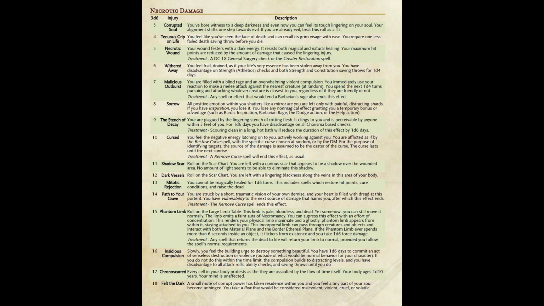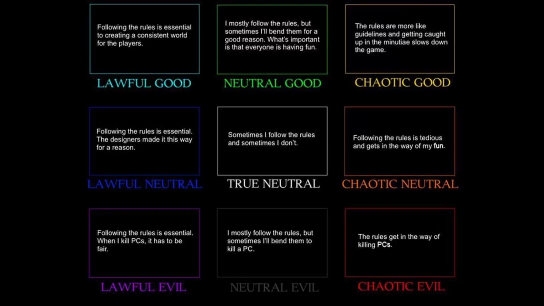You bore witness to a deep darkness, and even now you can feel its touch lingering on your soul. Your alignment shifts one step towards evil. If you are already evil, treat this roll as 15, okay? So 15 is Phantom Limb. We'll get to that. But I would just give them a corruption point on my corruption table instead, because I don't use alignments, so to speak.